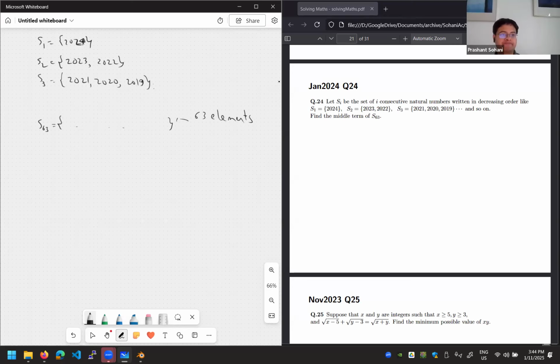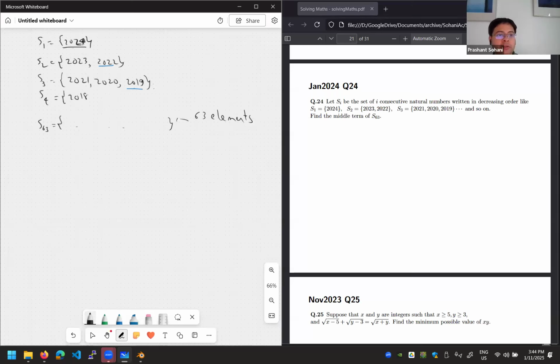Okay. So one very easy way to solve this problem, I find, is to just look at the last elements. So 2024, 2022, 2019. Let us write one more set in this order.